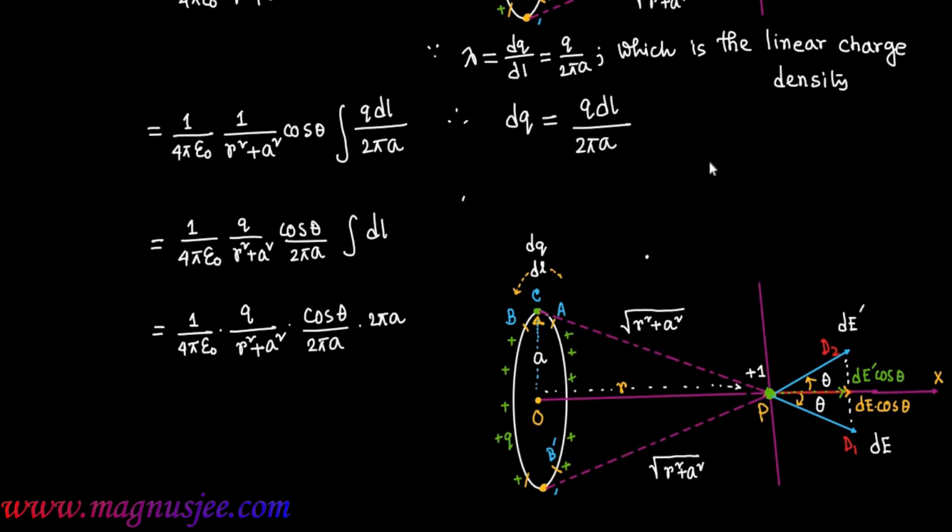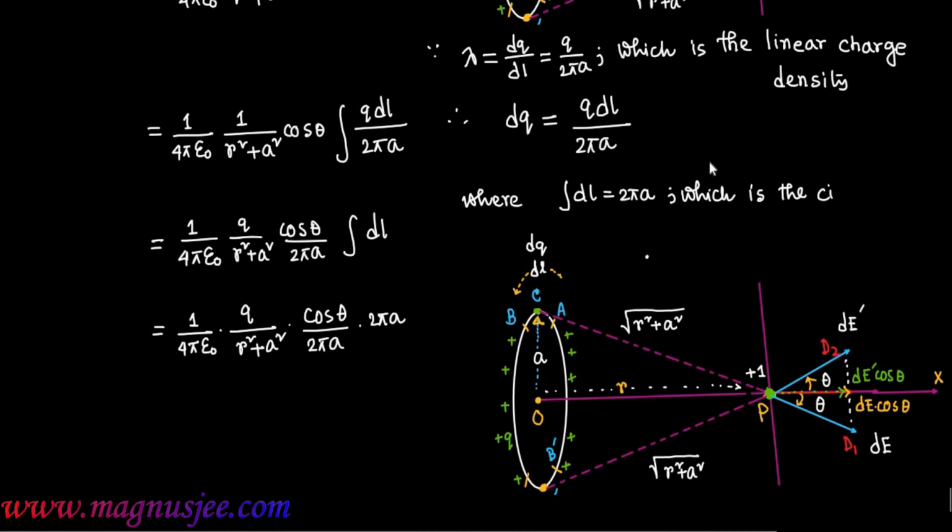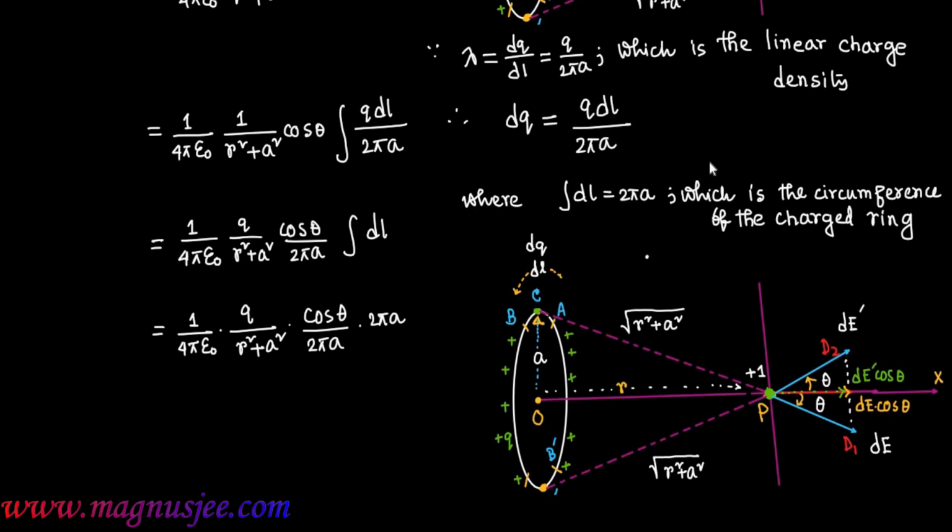a is the radius of the charge ring, where integration dl is equal to 2 pi a, which is the circumference of the charge ring.